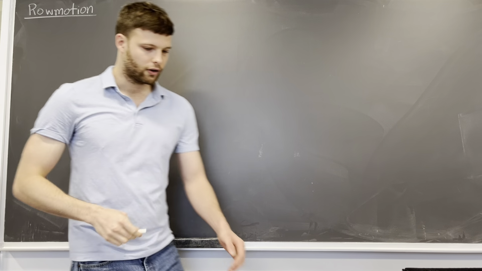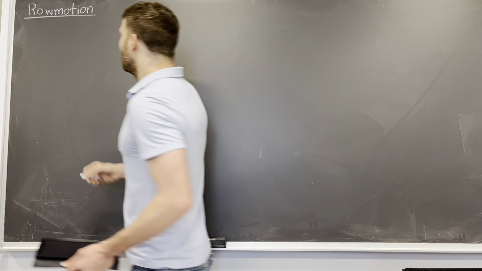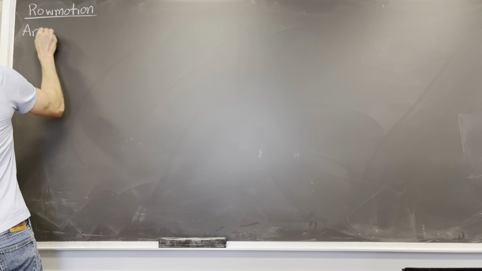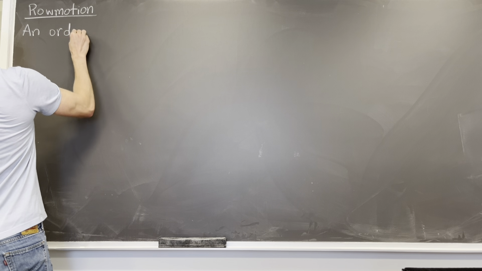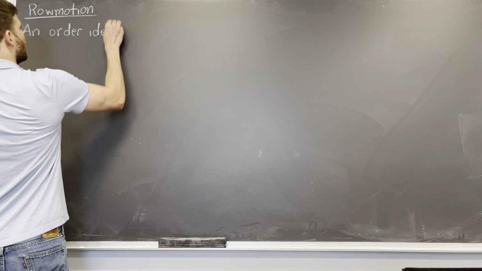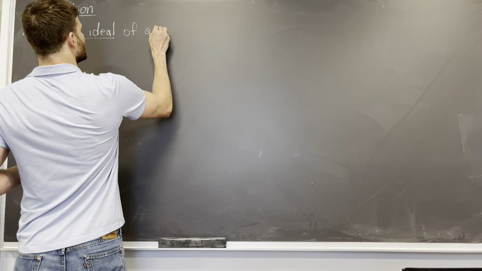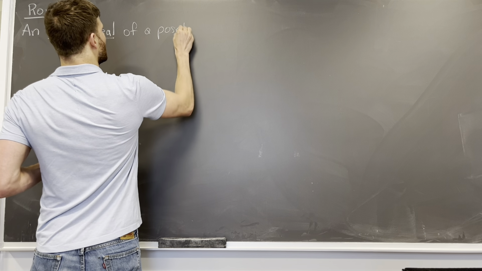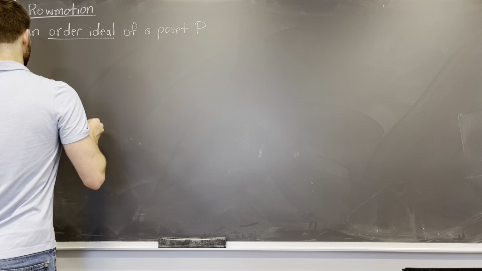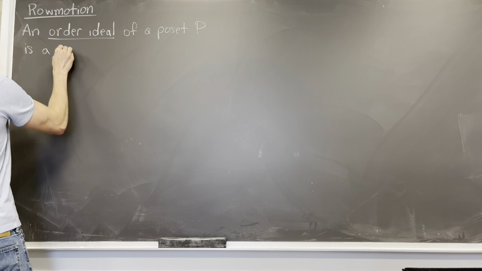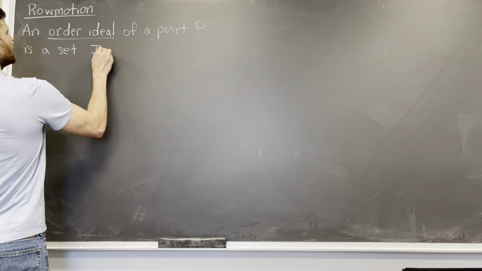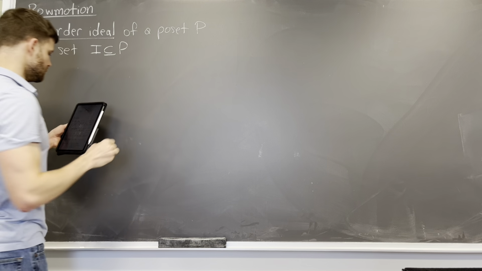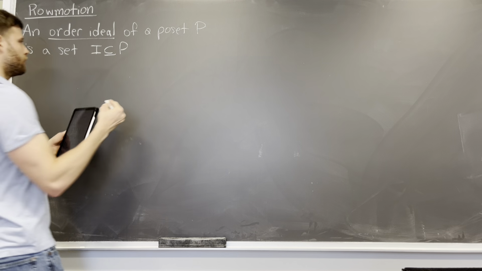So, okay, I have to still define a couple things. An order ideal of a poset P is a set I contained in P. And basically it's just a set that's closed downward.